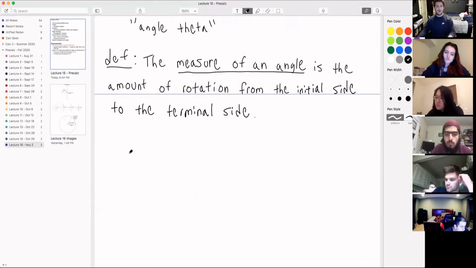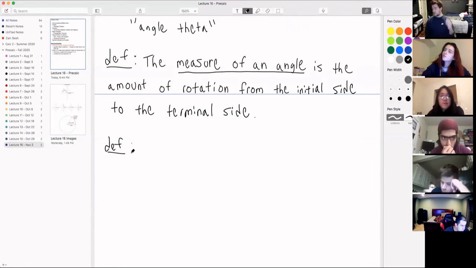Okay, so now let's talk about degrees. What units do we use to measure angles? There are two units, degrees and radians. We'll first talk about degrees, which is probably the more familiar unit.